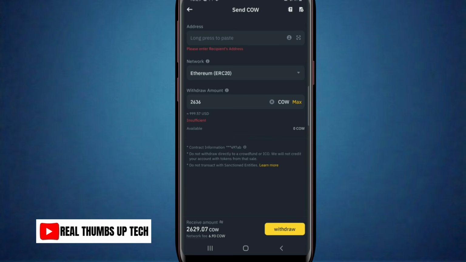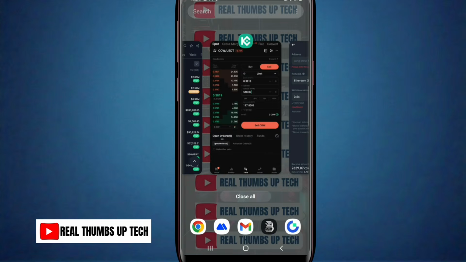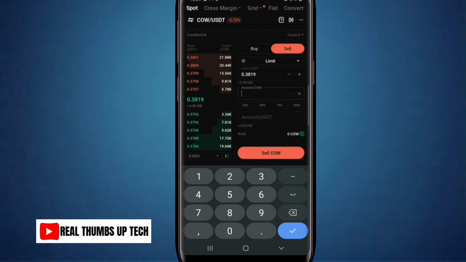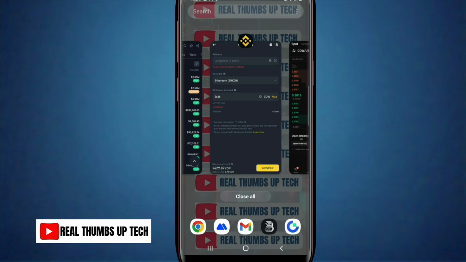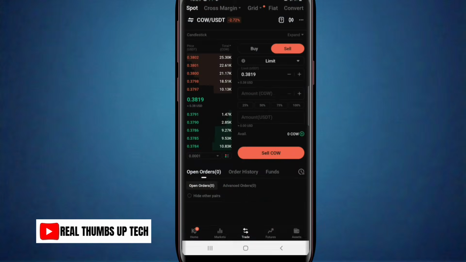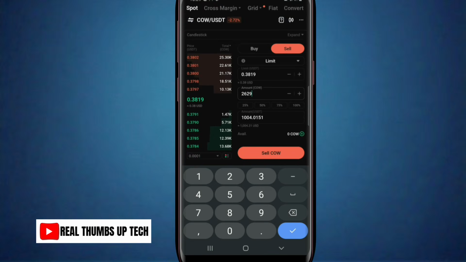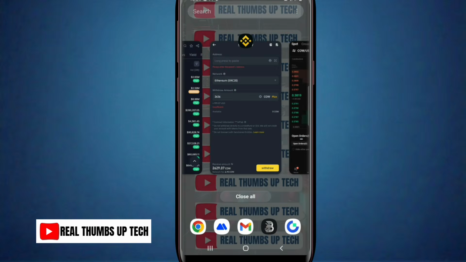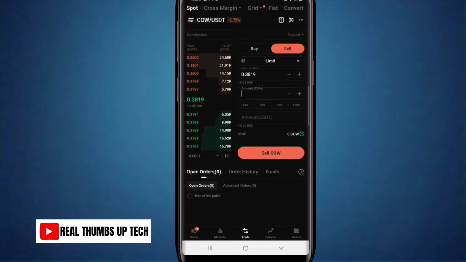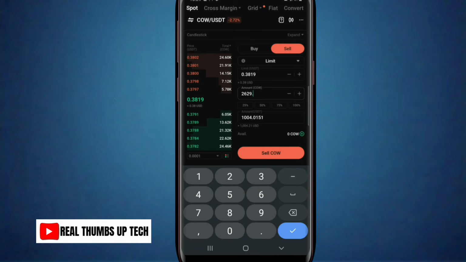We'll be charged the same network fee, the same 6.93 COW. That's the same thing they will charge us for this transfer. And we'll be getting around 2629.07 on KuCoin. So let me go back to KuCoin. We have 2629.07.